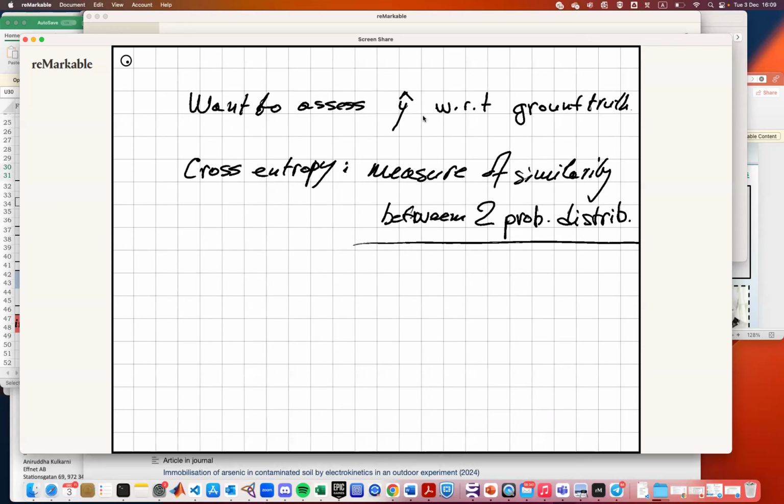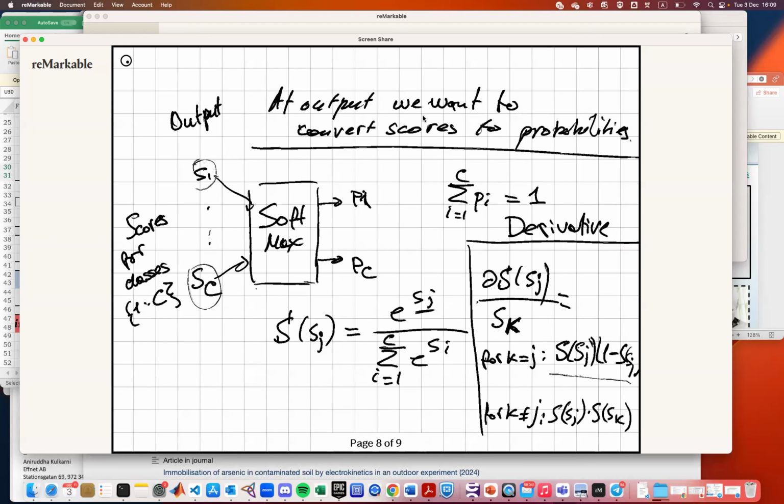So in our case, we will differentiate two of them.